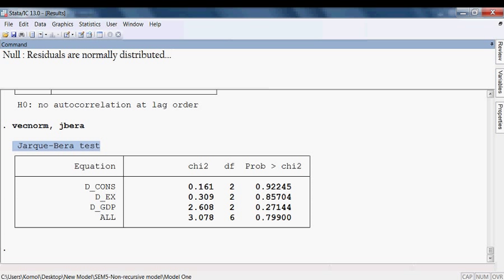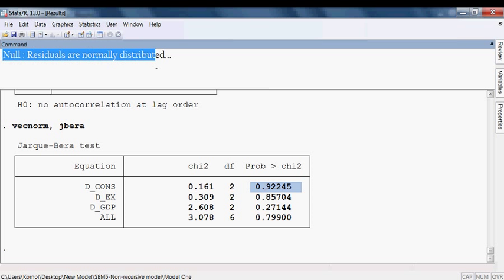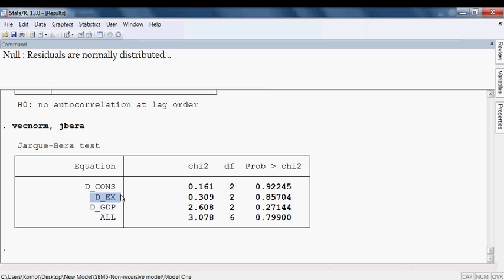That is desirable. And here the first model, that is D cons, the probability value is 92.24%, meaning that we cannot reject the null hypothesis, rather we accept it, meaning that residuals are normally distributed, and we are happy about it. And for the second model, DGDP, the residual is also normally distributed.